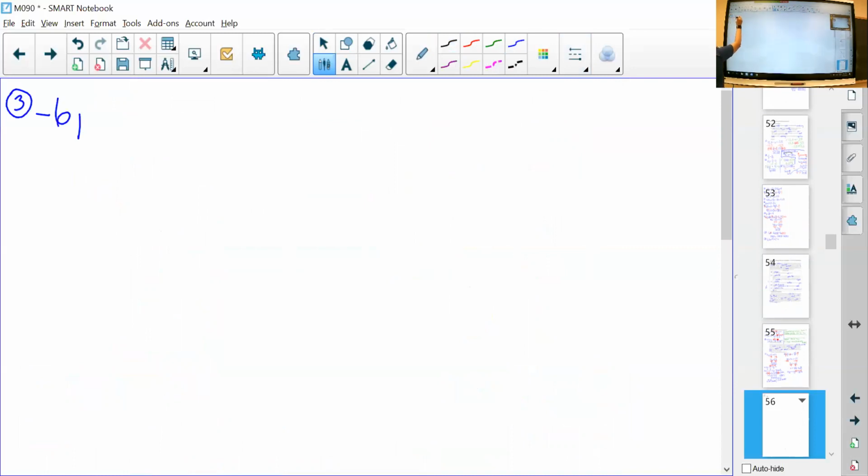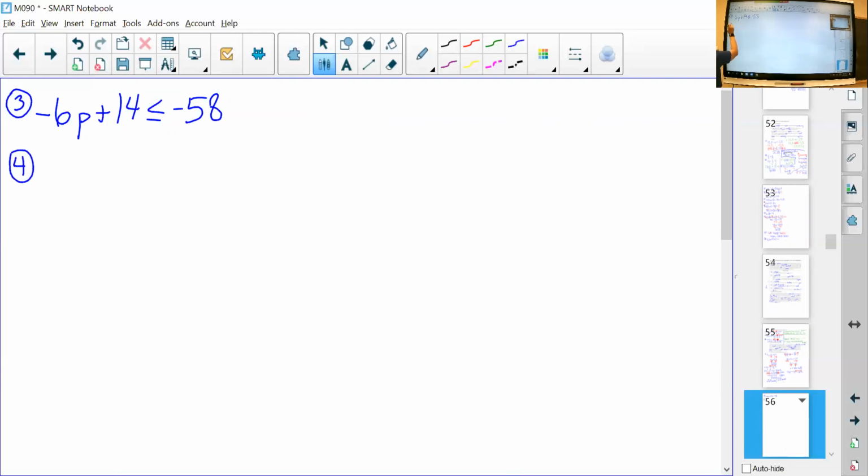Negative 6p plus 14 is less than or equal to negative 58. Go ahead and solve this one on your own. Works out pretty nicely. Be sure to solve it, graph it, and then check the critical value and check 0 or another value. Any other value will work.